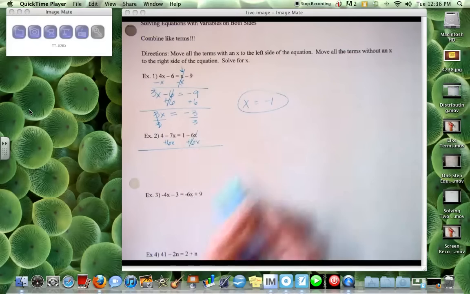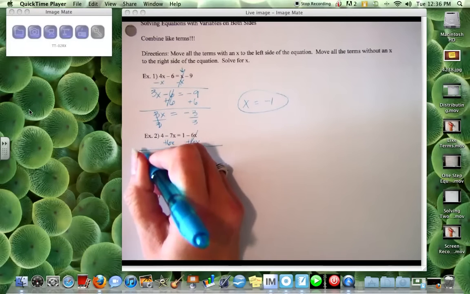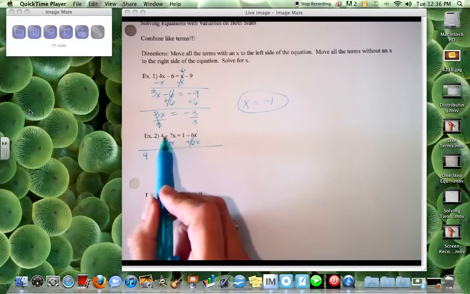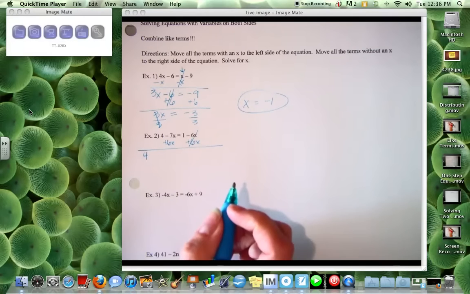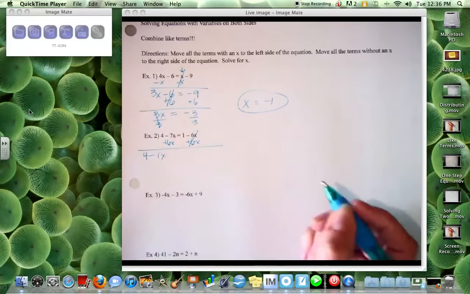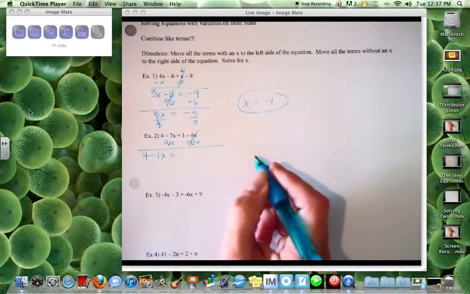The 6x cancels. On the left, I have 4. Put your like terms together. Negative 7x plus 6x. No, negative 1x. Negative 1x equals, what do we have on the right side? 1.